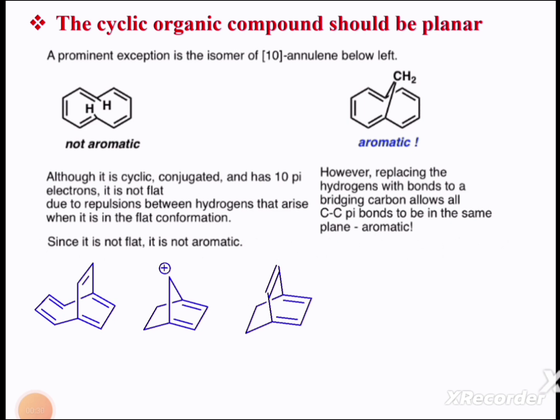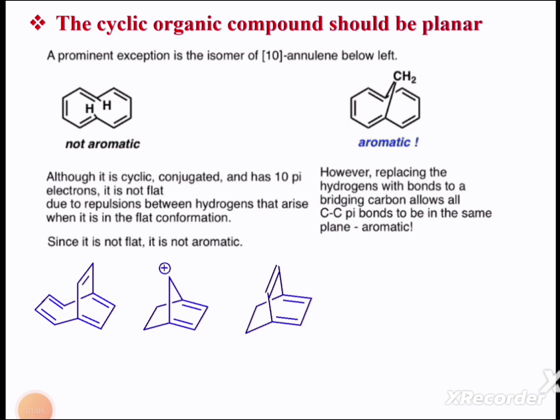A prominent exception is the isomer of 10 annulene, the structure on the left below. Although it is a cyclic conjugated system with 10 pi electrons, it is not flat due to the repulsion between hydrogens that arises in the flat conformation. So due to the repulsion, it will not lie on the plane. Since it is not flat, it cannot be aromatic in nature.